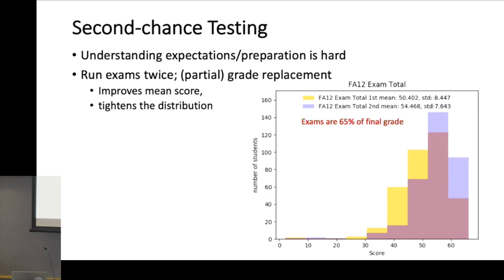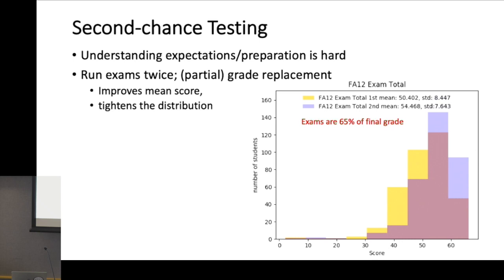And what's shown in yellow in this pinky color is the distribution if I only look at the first chance exams. And then the blue and purple is the exam distribution only when I include the second chance exams. And so what you can see is that a bunch of the motion is from these lower parts up to the higher parts.